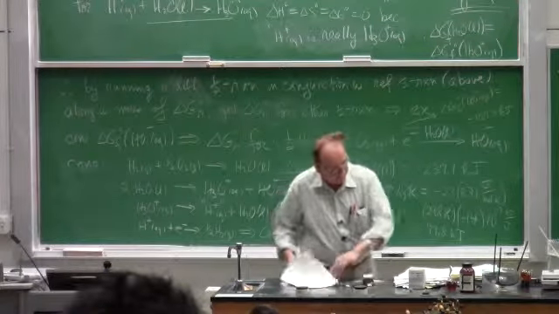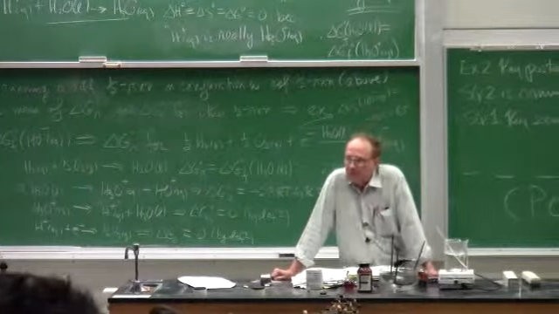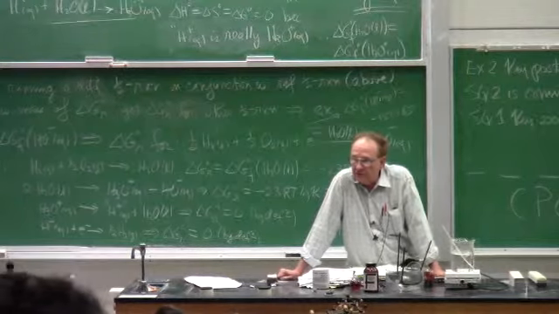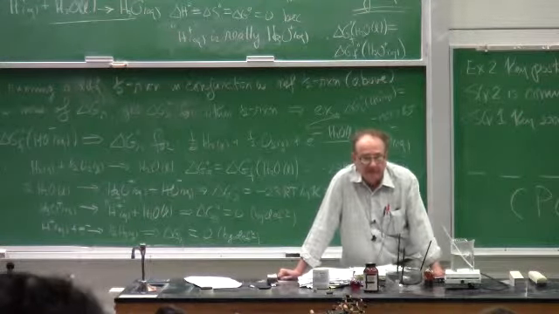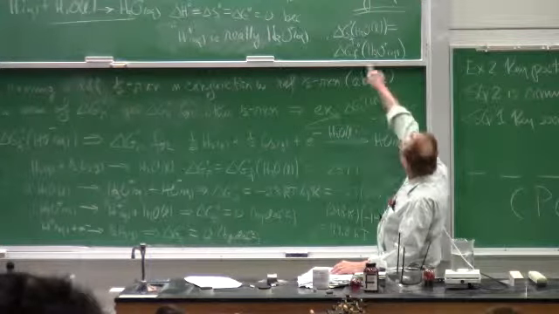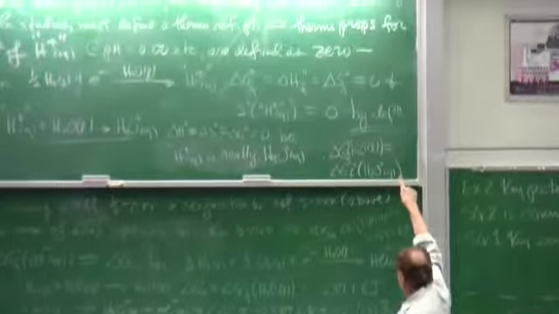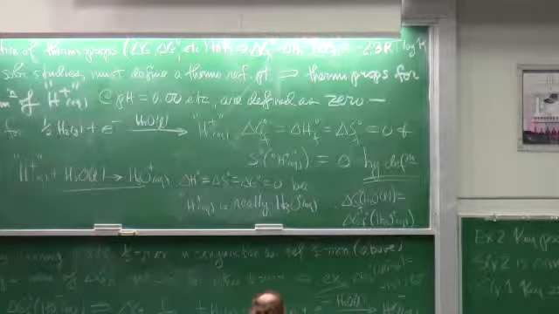Now then, we've laid the basis for tying together thermodynamic property functions for a reaction with equilibrium. And the final arithmetic connection is that relationship up there. Delta G0 is minus 2.3 RT log K. Okay.